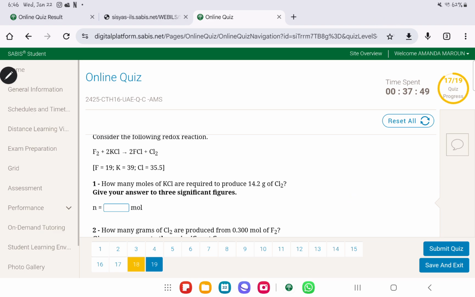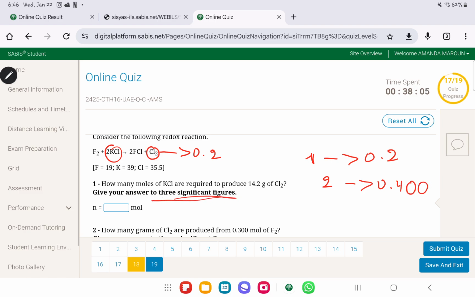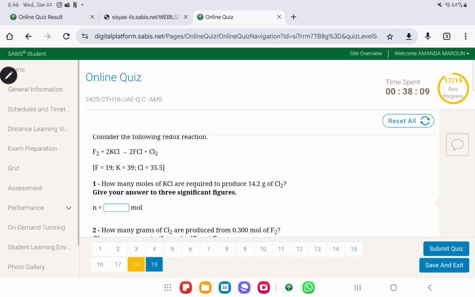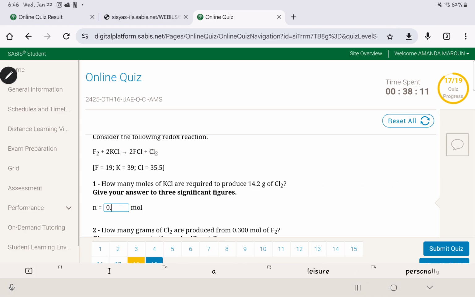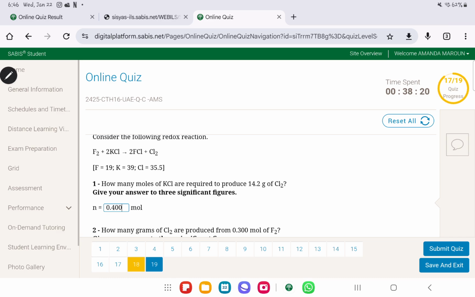Now, this became 0.2. How many moles will the KCl become? Very simply, 1 gave us 0.2 moles. So 2 is gonna give us 0.4 moles, but to 3 significant figures, so 0.400. Here we do not put a full stop because it is after the decimal place. So the number of moles is 0.400 mole.